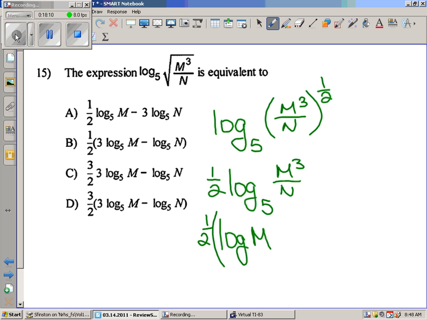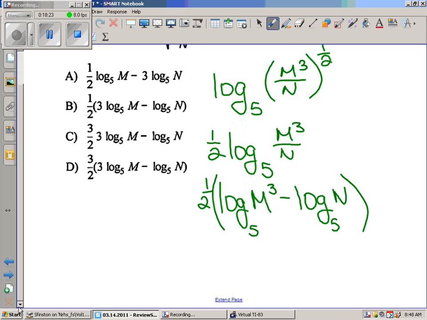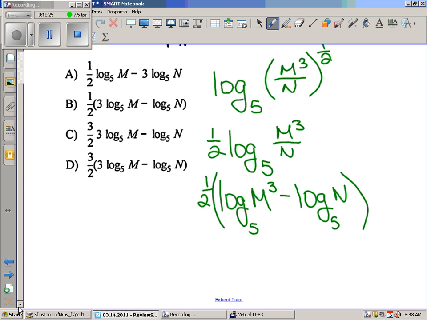I should put this in parentheses. Log m cubed minus, and I got to put a 5 down over here. Parentheses, because it's all of this quantity that was raised to the 1/2.